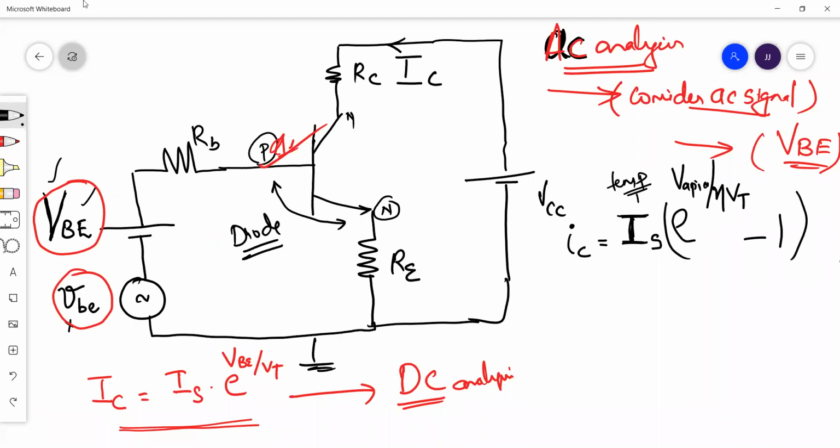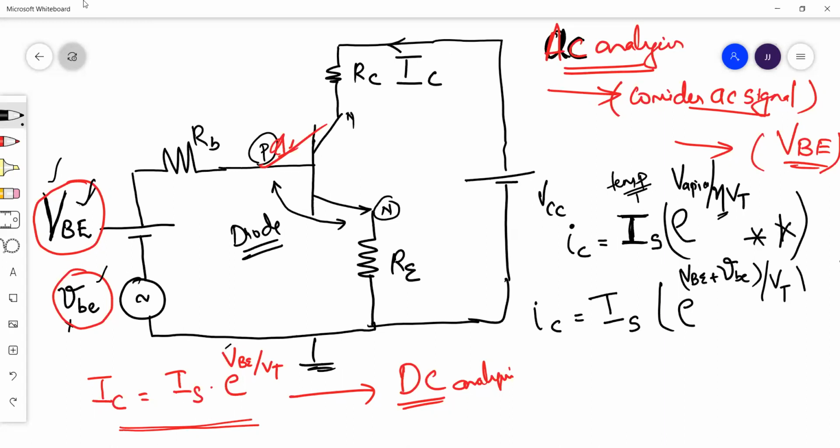So I can write small IC, AC analysis, capital IS into e raised to, what is the voltage applied here? Earlier there was only VBE. Here there are two, capital VBE and small VBE. So I need to write capital VBE plus small VBE divided by VT, with the value of eta considered as 1. The minus 1 I neglected, as I said earlier.